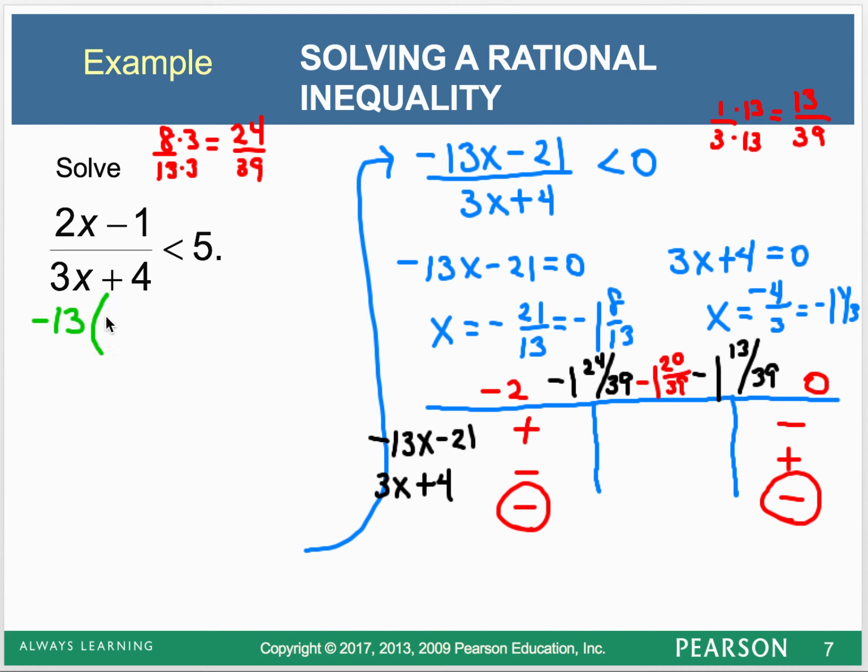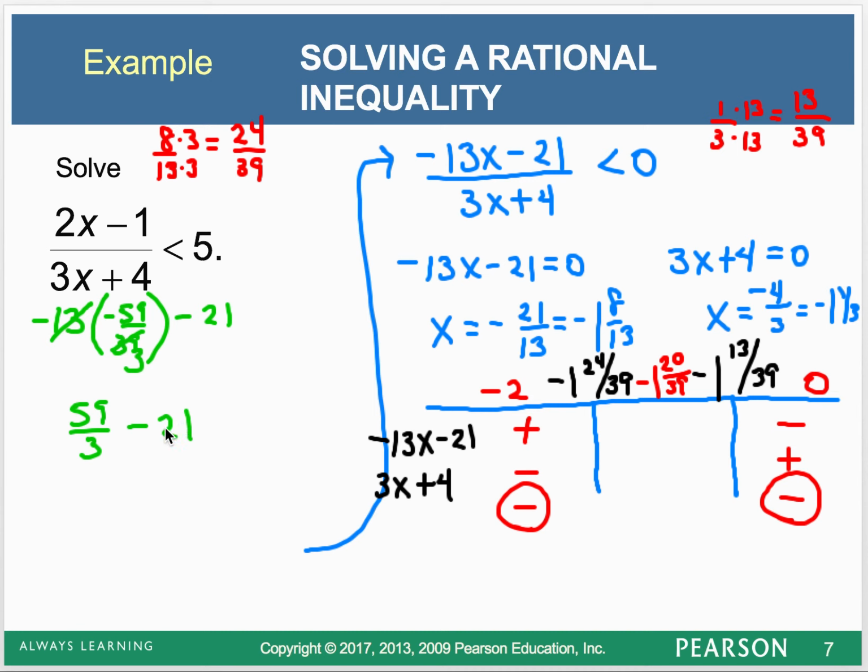So -13 times -59 over 39 minus 21. So notice what happens here. This 13 and this 39 can divide out and leave a 3. Now they're both negative, so we have 59 thirds, negative times a negative, 59 thirds minus 21. Once again, I don't really want to know exactly what this number is.